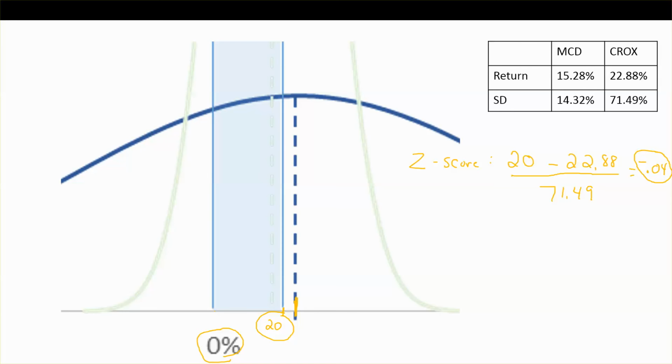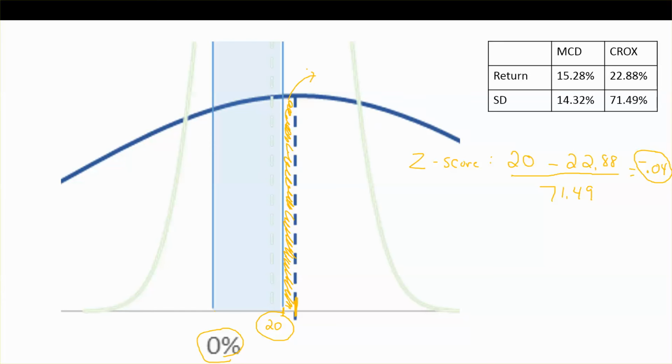So 1.6% is actually starting from the mean to the 20, because that's the desired number we calculated the z-score for. The 1.6% is this area, and I'm going to go ahead and spend all that time shading it in.